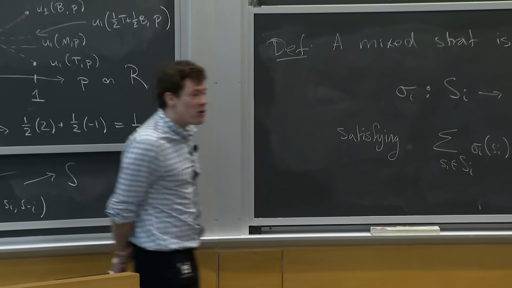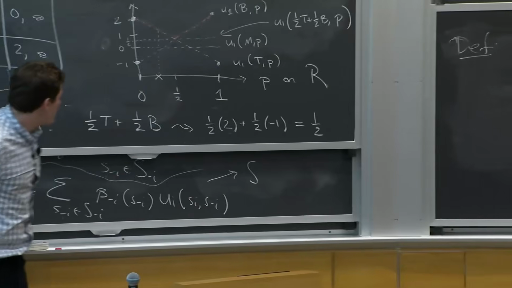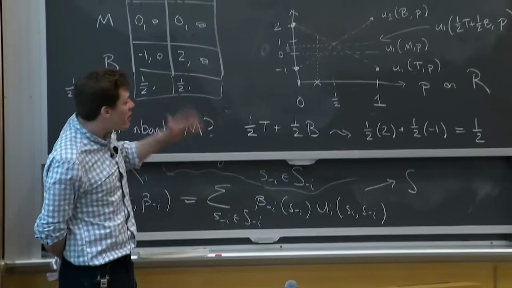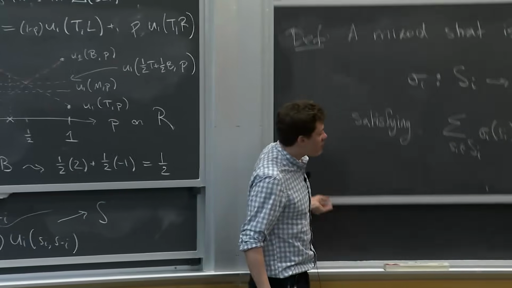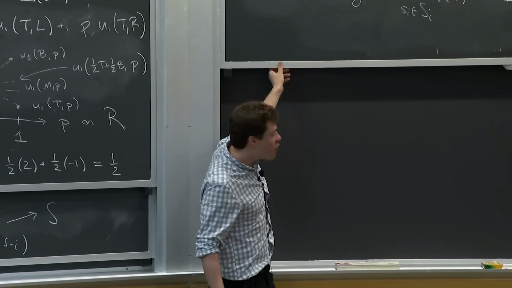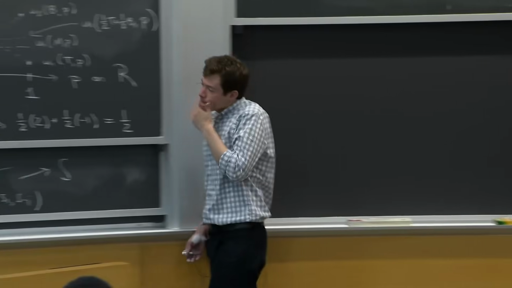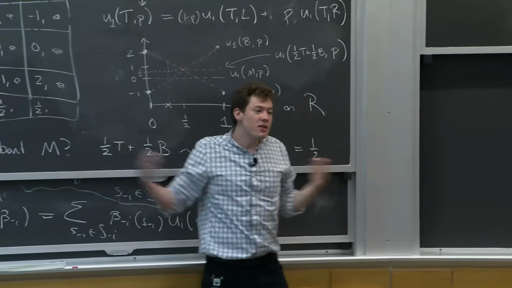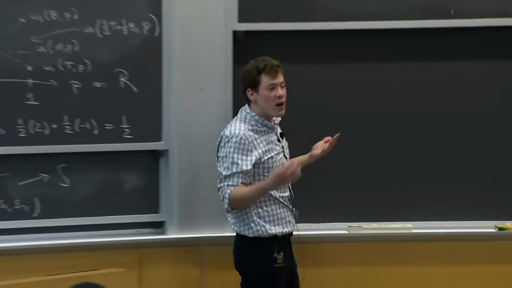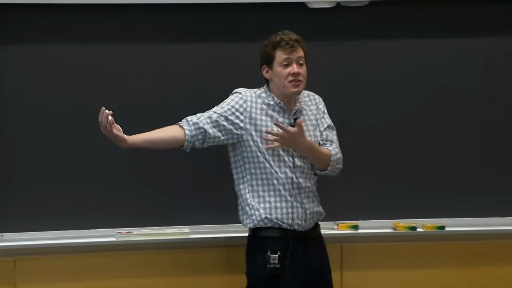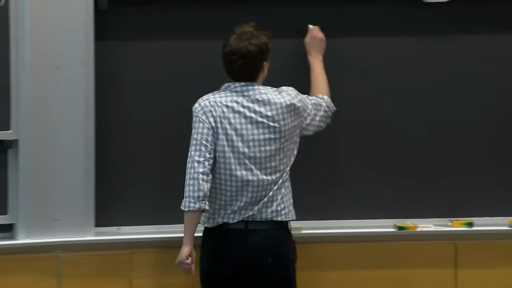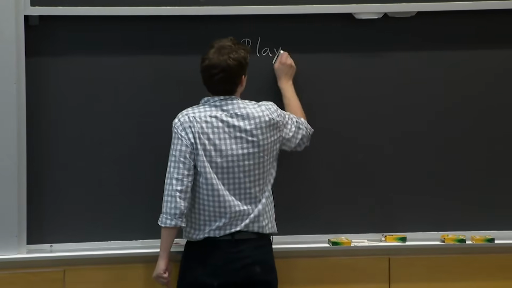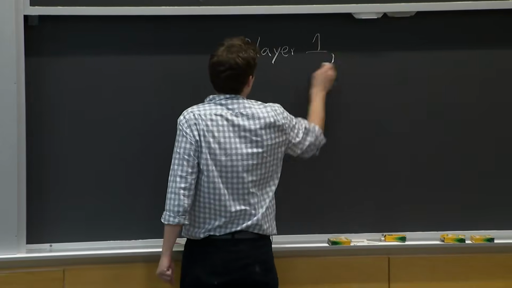OK, so now let's move on a little bit and try to understand how general this phenomenon is. So I want to make one observation here, and then we want to try to see how general that is. So if you're approaching a game like this, and you're player 1, there's kind of 2 ways you could go about it. If I were to ask you, what is a reasonable strategy to play?